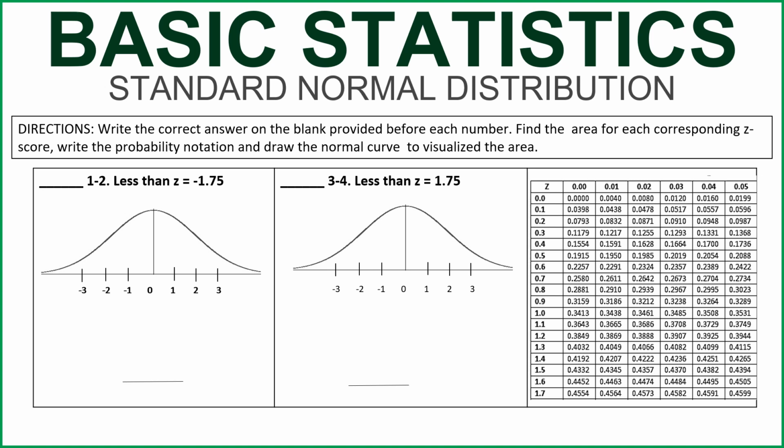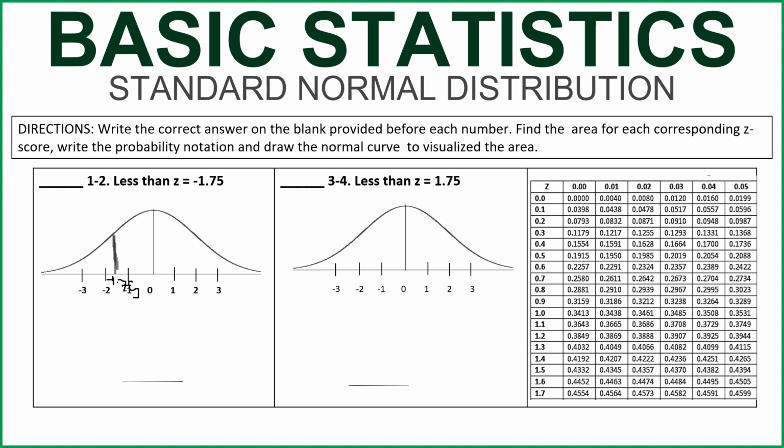And we cannot place it at the middle. Rather, we can place it closer to -2. So, maybe here. So, assuming that this is -1.75, write -1.75.